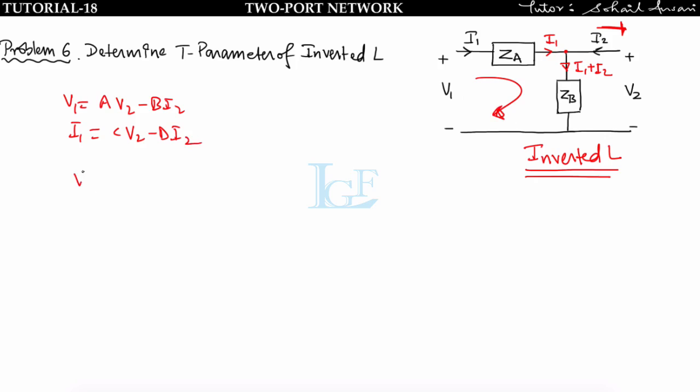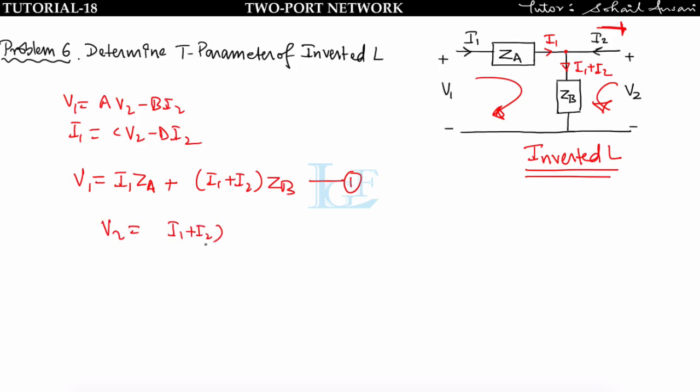I am getting V1 is equal to I1 ZA plus I1 plus I2 ZB. Take this as equation first. Now apply KVL in this loop. You will get V2 is equal to I1 plus I2 into Z2. Hence I1 is equal to V2 upon Z2 minus I2.